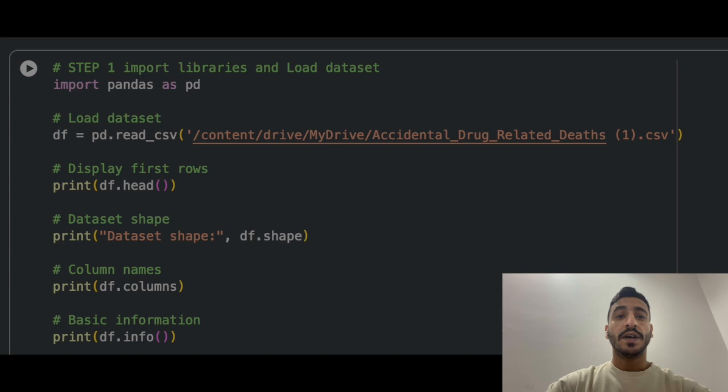In the first step, I imported the required libraries, mainly Pandas, which is used for data handling and analysis. Then I loaded the dataset which contains information about accidental drug-related deaths.